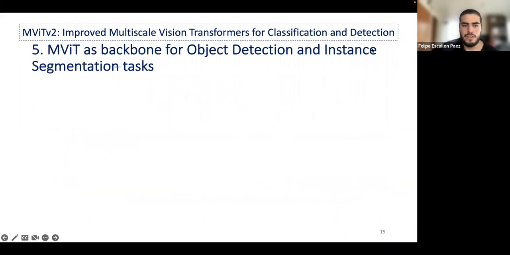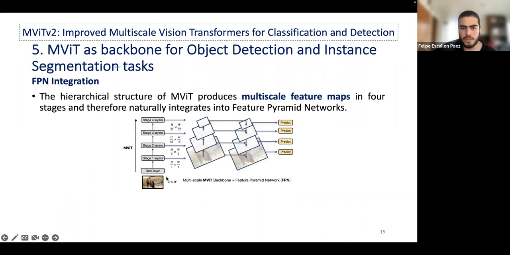Okay, so in the object detection and instance segmentation tasks, as I already mentioned, they use feature pyramid networks because they already have these reduced resolutions. So what they had to do was include the information of each one of the layers in the FPN to have predictions.